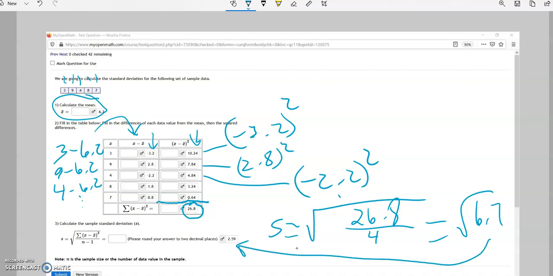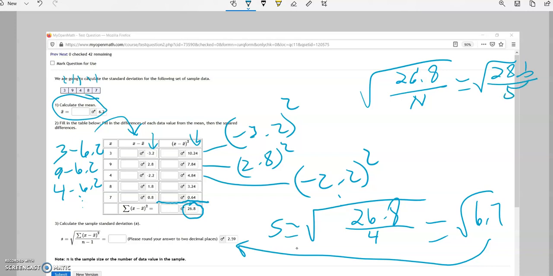All right. If this were a population, remember I mentioned that in the last recording if you watched it, this would be 26.8 divided by capital N. So you would go square root of 26.8 divided by 5, because n is 5, the big N would be 5. But this is a sample.